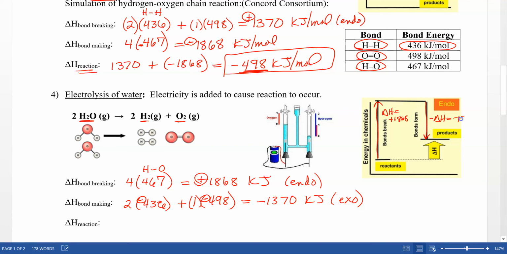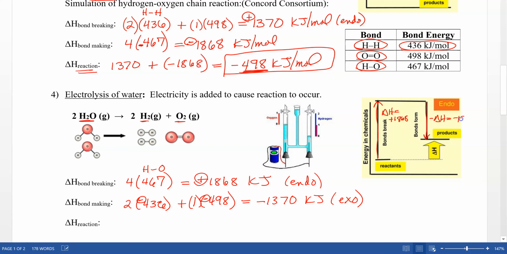So it's exactly the same value, it's just the exact opposite because we're doing the reaction in the opposite direction. There we go. One thing I want to point out: when it takes more energy to break the bonds, that means those bonds are stronger than the bonds that you're making at the end. So in this case, the reactants were really hard to break apart.